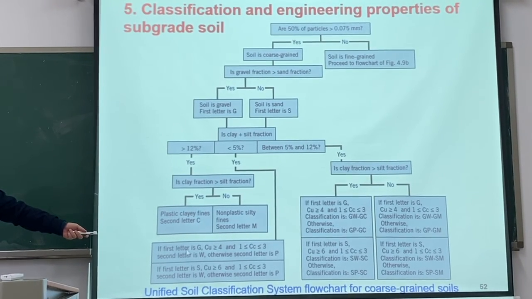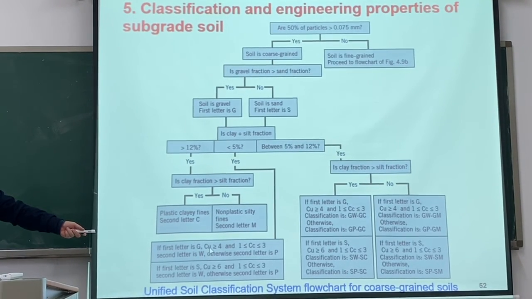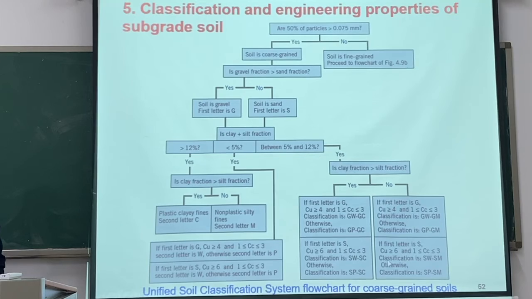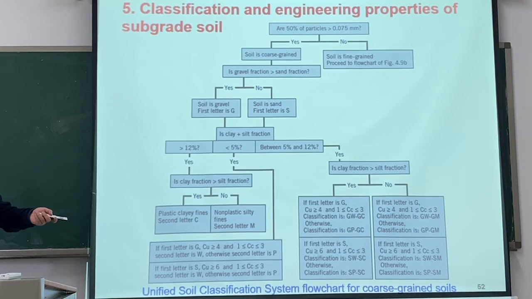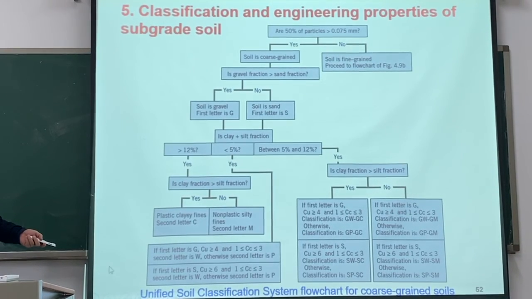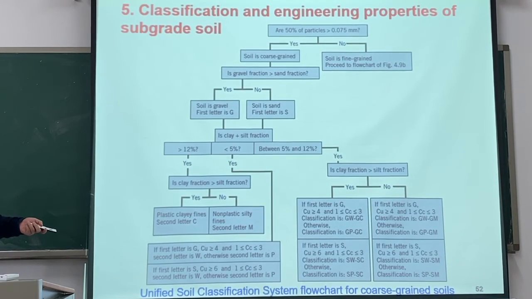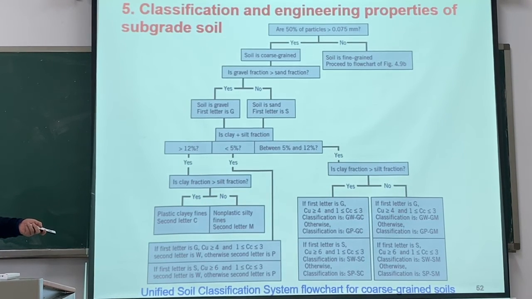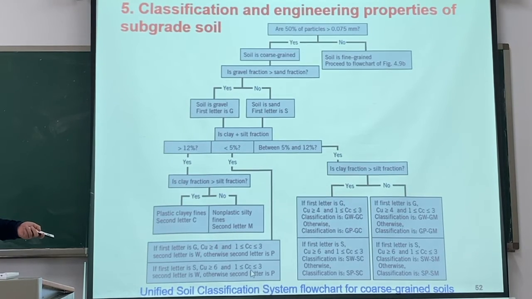If the first letter is G, we continue to check whether Cu is not less than 4, or Cc is between 1 and 3. Determine the second letter: W is well graded, and otherwise the second letter is P, poorly graded. If the first letter is S, we also determine Cu and Cc.